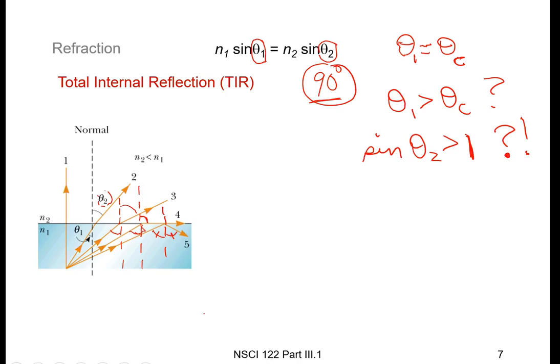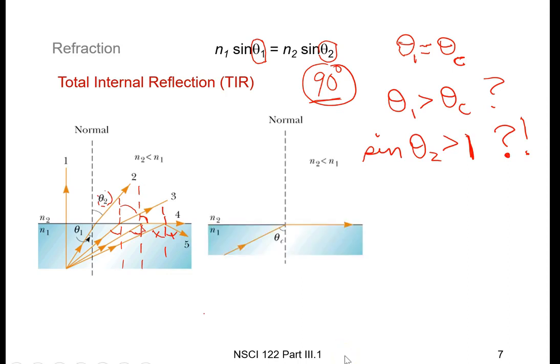In fact, what you observe is that as you go from ray 1, normal incidence, to ray 5, more and more of the energy is getting reflected. So as that incident angle gets bigger and bigger, more energy is being reflected and less is being transmitted. And once you're beyond the critical angle, all the light is reflected. So that's known as total internal reflection.